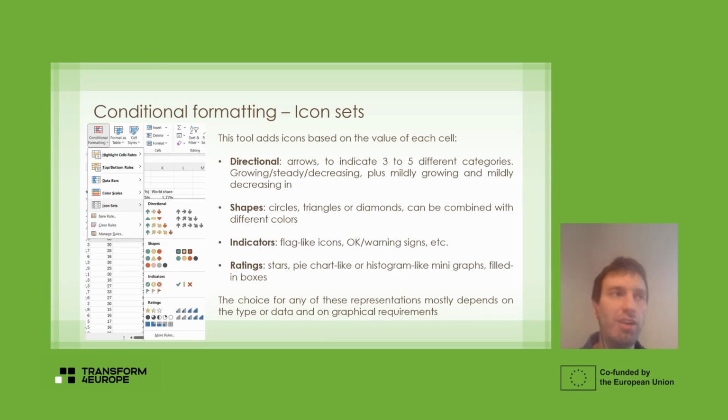This is very nice whenever you have a column that includes data with variations. In the example table I had, it was the annual change in population in terms of percentage, okay? So I could add arrows to show whether the population was increasing or decreasing, and also whether it was significantly increasing or moderately increasing or decreasing, and so on. But you can also add some shapes to quickly identify some values that you're interested in.